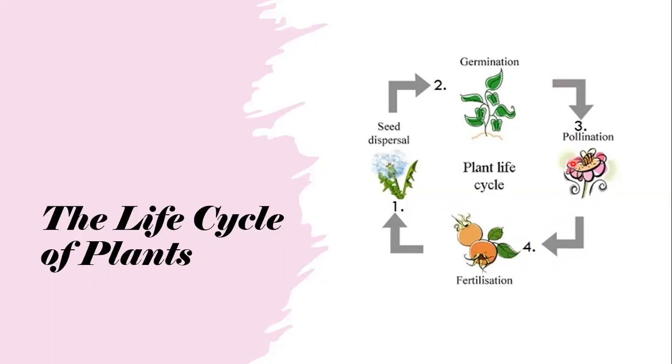When it pollinates, an animal or an insect or maybe even wind happens to get in contact with that flower or the cone, and makes it move into the soil. After that happens, it fertilizes and grows into a new plant. There are many different types of plants, and we'll get into that a little bit later.